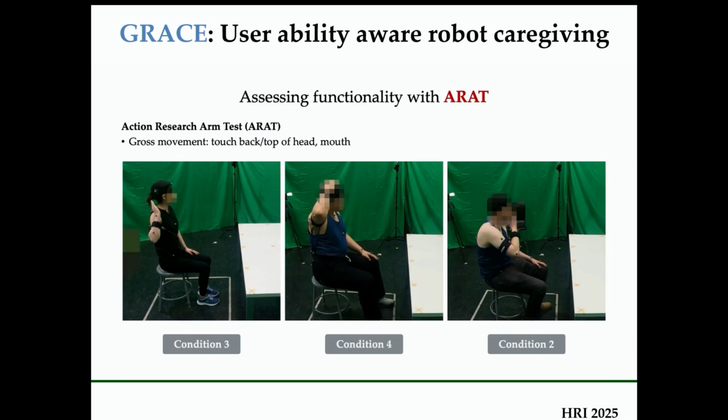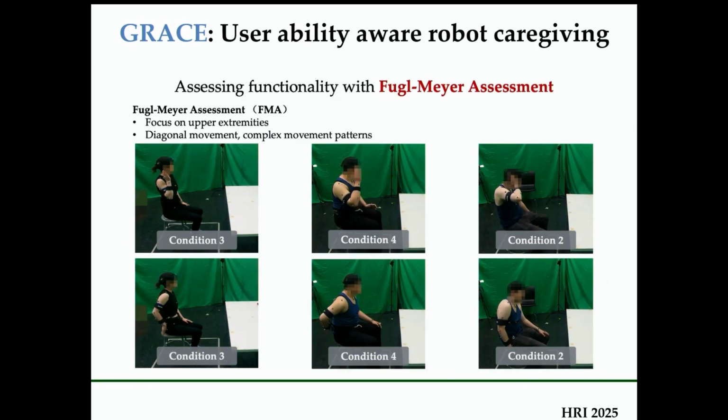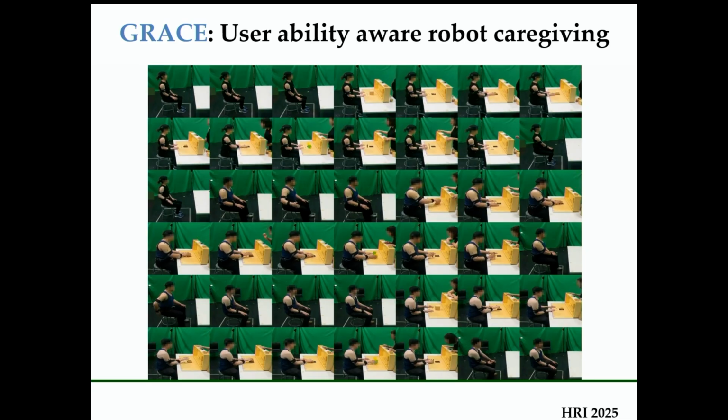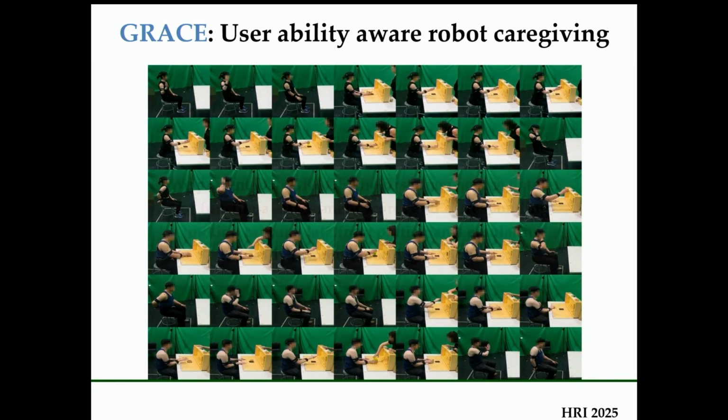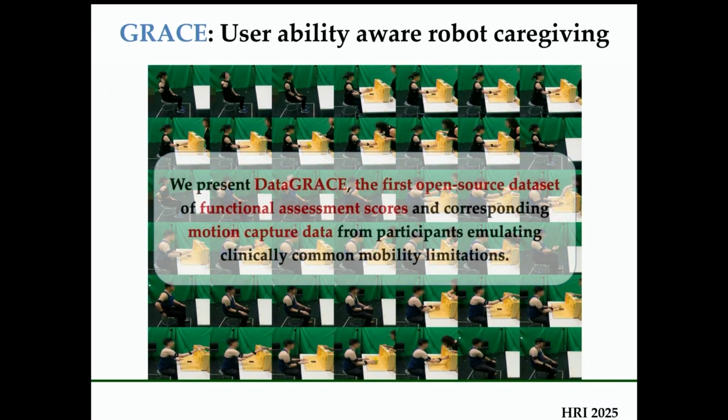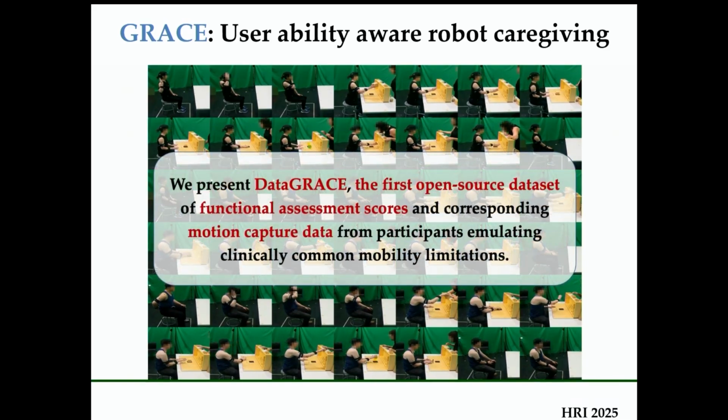Versus a new person who may not be able to move, the robot gives the appropriate amount of assistance. So the assistance is personalized to the user's ability. That is the point of this particular work, which is user ability aware robot caregiving. If you're familiar with this, these are various ARAT tests and other tests that we did to do this.